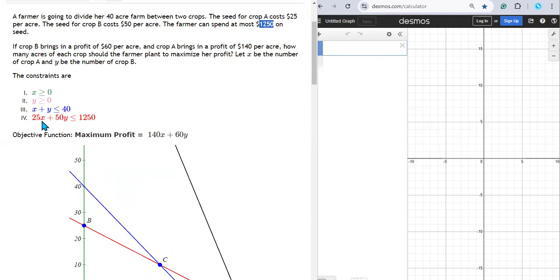If she decides to plant 2 acres of both, well, this would be 50 and this would be 100. 100 plus 50 is less than or equal to 1250.